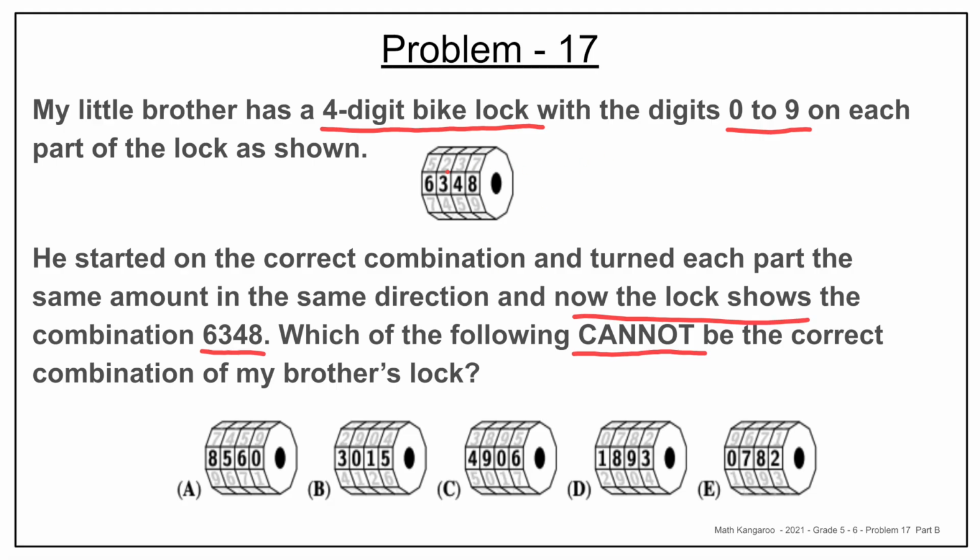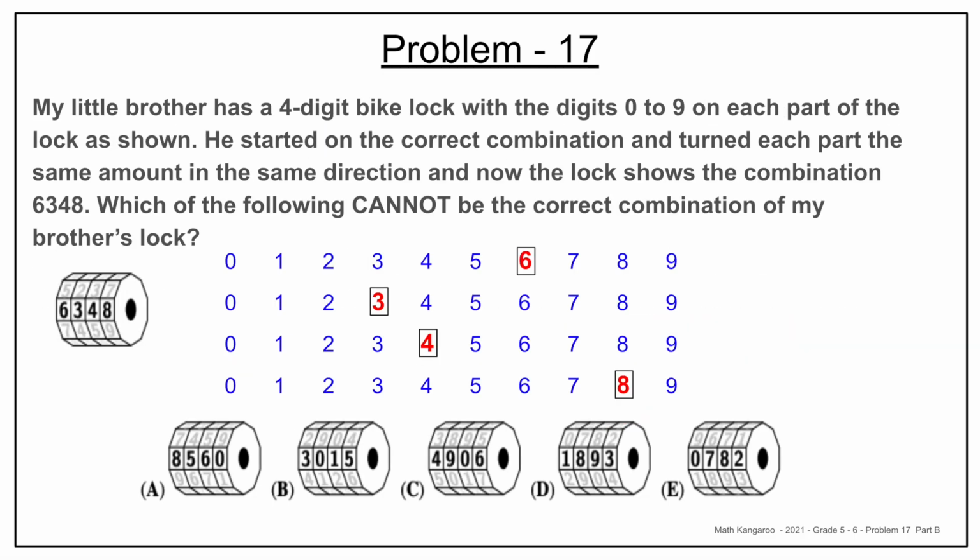So we know the digits are from 0 to 9, and we have 4 segments, 1, 2, 3 and 4, on all the locks. So here also we have 1, 2, 3, 4 segments. If we expand these numbers for each segment, starting from 0 to 9, it will look like this.